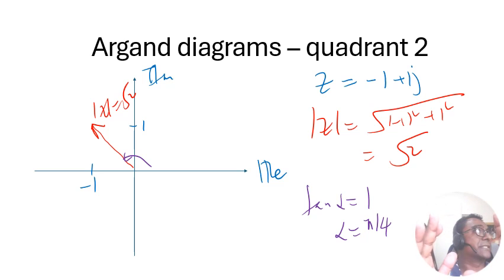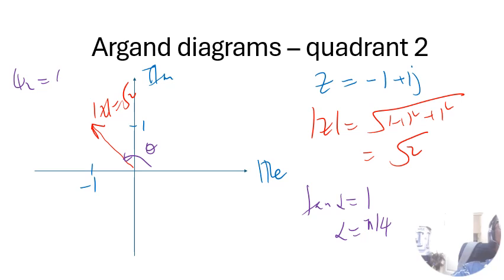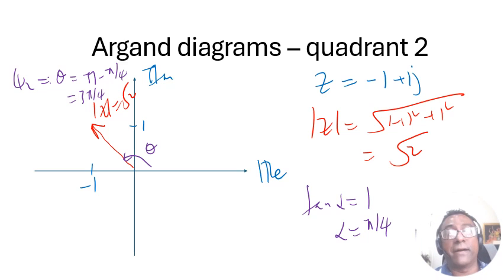That's the first quadrant, just like the previous slide. But we are in the second quadrant. So in quadrant 2, we'd want our angle theta to be pi minus pi by 4, and that becomes 3 pi by 4, and 3 pi by 4 is 135 degrees. So you would find some sort of representation like this.